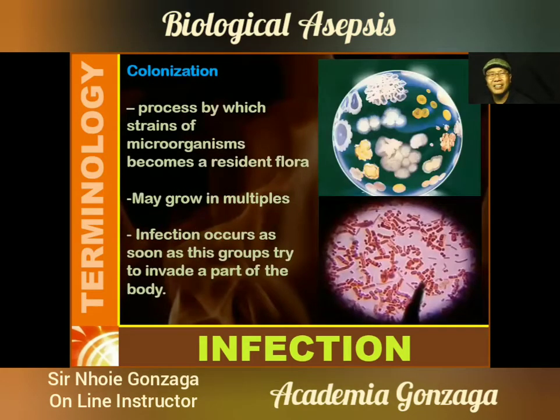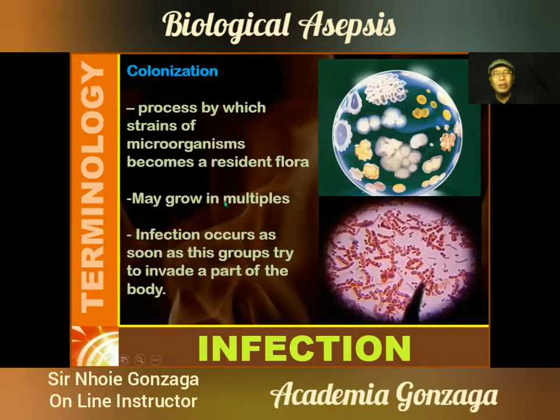Now, another term here, colonization. When I say colonization, it's a process by which strains of microorganism become a resident flora, meaning the microorganism invades the area, captures the area and lives in that area. That is now colonization, from the word colony.